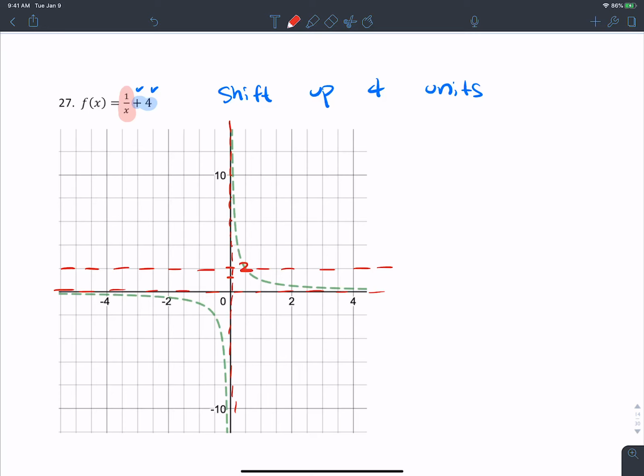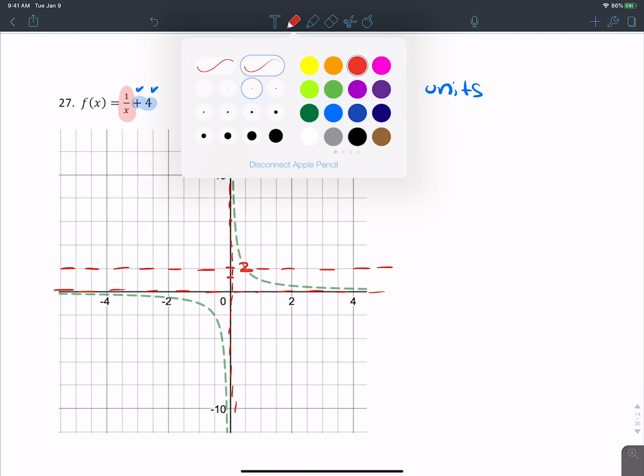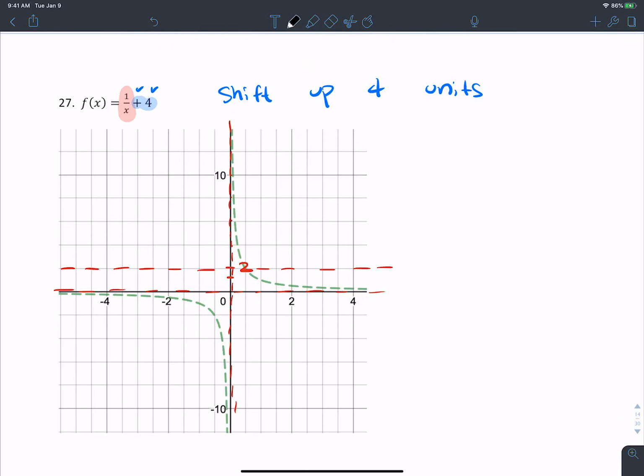All we have to do now, since we don't have to do a right or a left shift, we don't have to do a horizontal shift, is actually sketch our hyperbola. So here's my new x and y axis. If you want to think of it that way, never cross this line, and just sketch your hyperbola here.